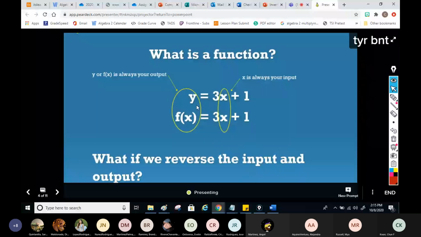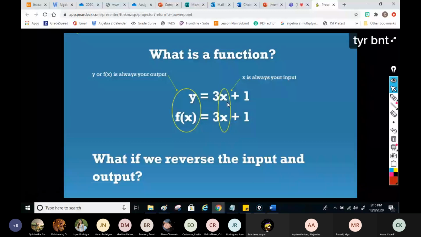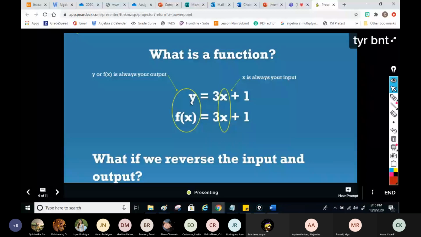Think of it as the cause and the effect. The x is the reason that causes the consequence, the y. You always need one input and one output. That is what a function is: a mathematical equation with an input and an output.